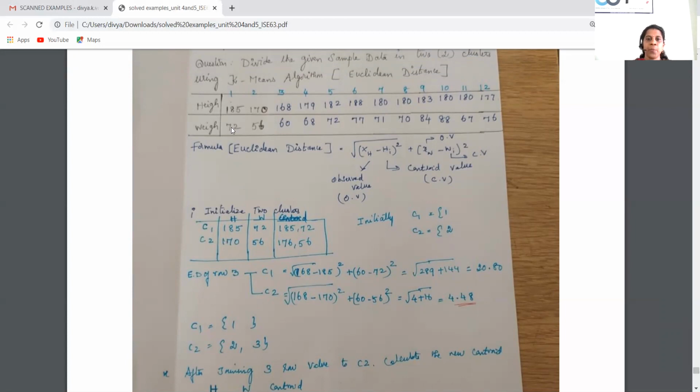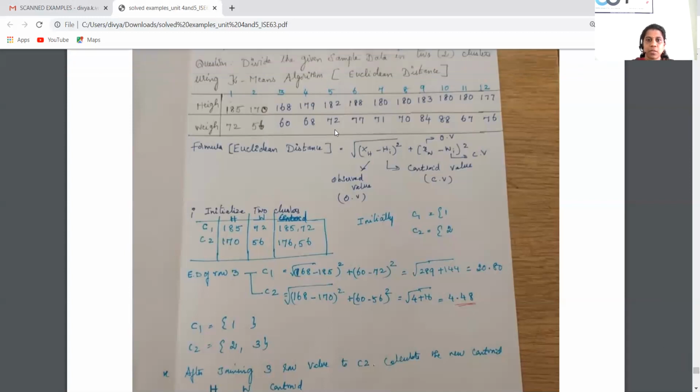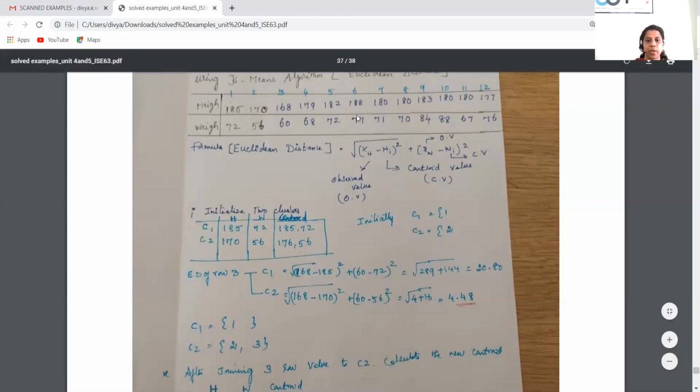Calculate that value, and then calculate the distance between the fourth point and the second point, that is 179 minus 170 whole square plus 72 minus 56 whole square and its square root.